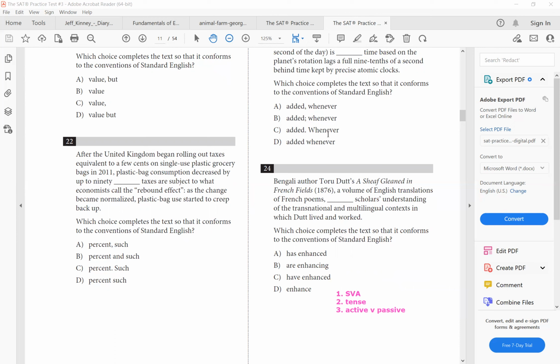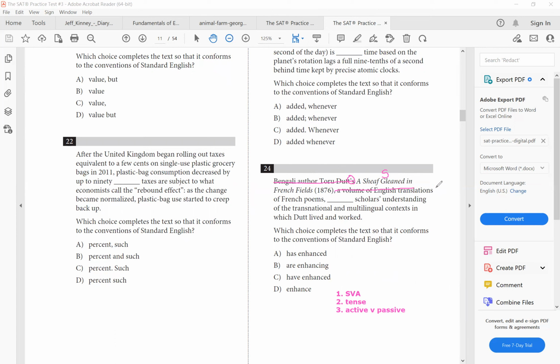So let's start from the beginning of the sentence. So Bengali author Toru Dutt, A Sheaf Gleaned in French Fields. So the book title is our subject, right? Because we know apostrophe S is just an adjective function. We're going to cross that out. And then what is A Volume of English Translations of French Poems?